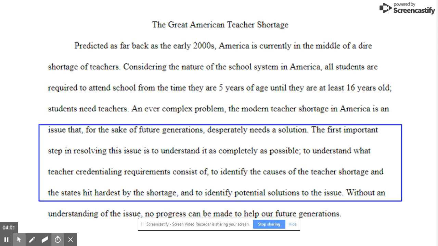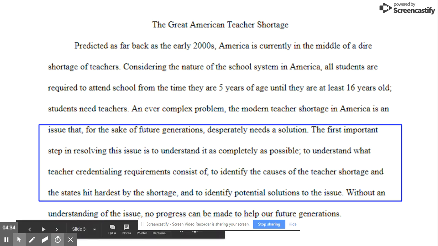Okay, so this preview statement for the time being is: the first important step in resolving this issue is to understand it as completely as possible, to understand what teacher credentialing requirements consist of, to identify the causes of the teacher shortage and the states that are hit hardest by the shortage, and to identify potential solutions to the issue. Okay, so I'm making it very clear in this preview statement what is to come in my future paragraphs and why people should keep reading. What are they going to learn, or what are they going to gain from continuing on in this essay?